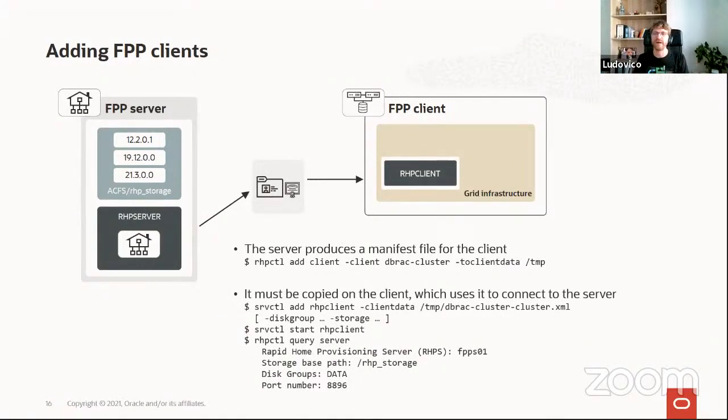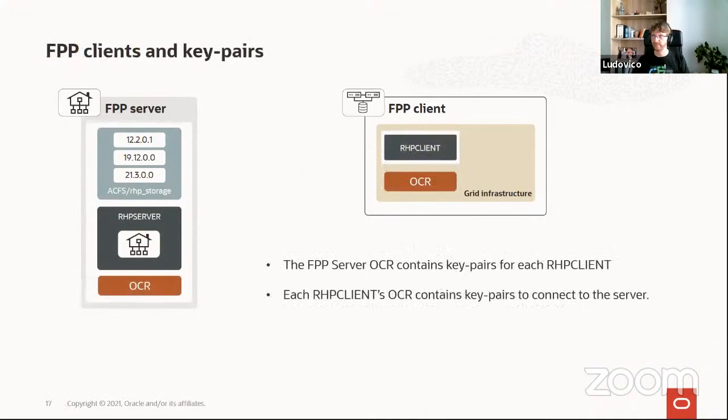You copy it in a way that you trust to the client, and then you use this manifest file to add the client. This will create the resource and establish the secure connection using JMX and TLS keys with the server. Then you can start the client, and if you can query the server from the client and you get the server details, that means that all the ports are open and the connection is successful.